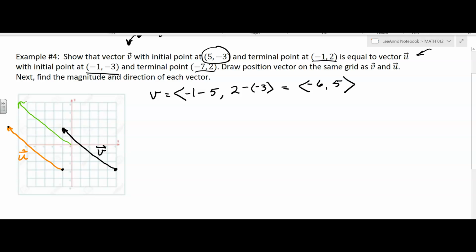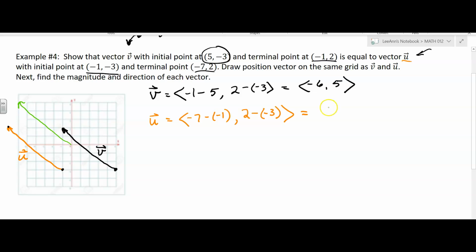Now let's do the same thing with u, in orange. It has a standard position. I forgot to put the arrow on that. You can see it's kind of a pain sometimes to draw the arrows in. So we're going to find the position vector for u. We're going to say negative 7 minus negative 1, and 2 minus negative 3.